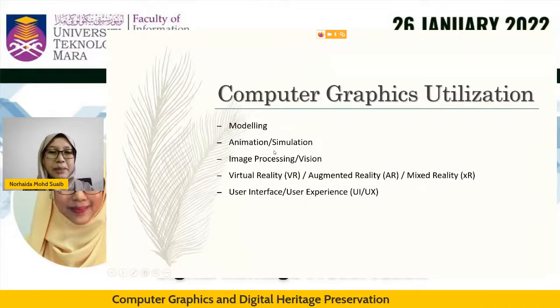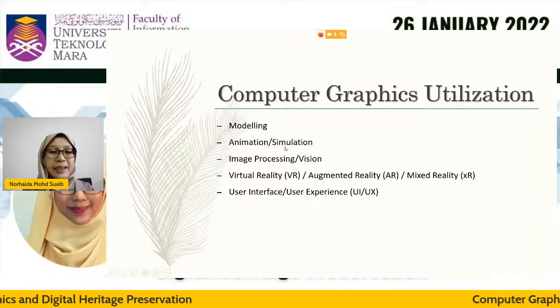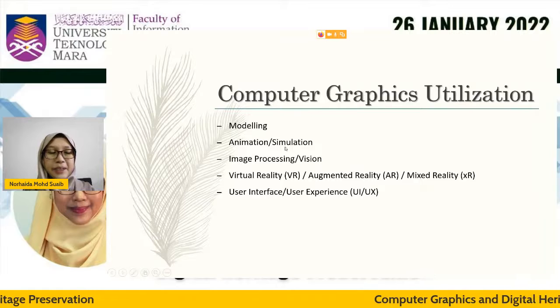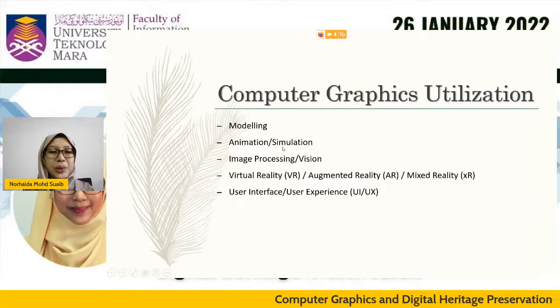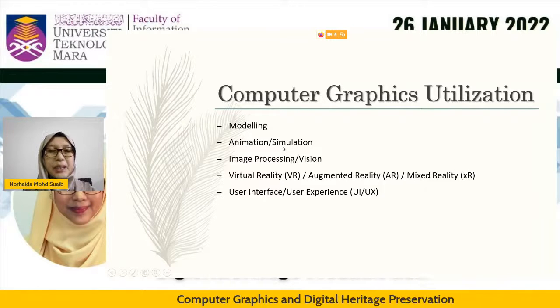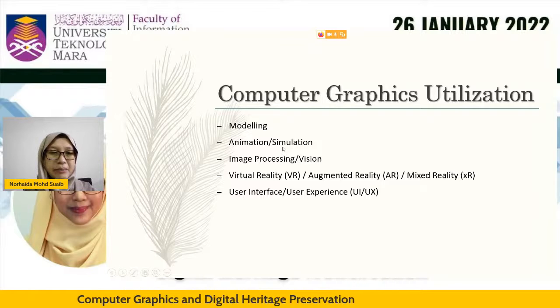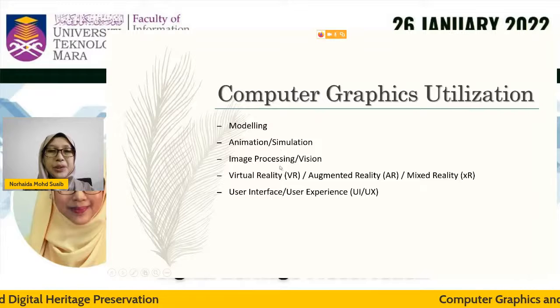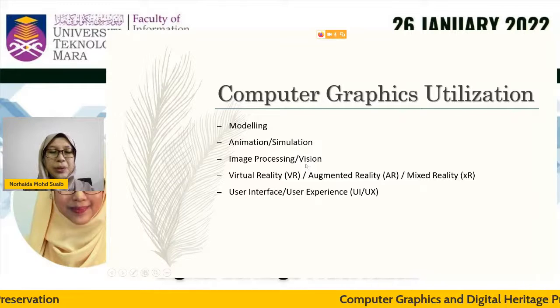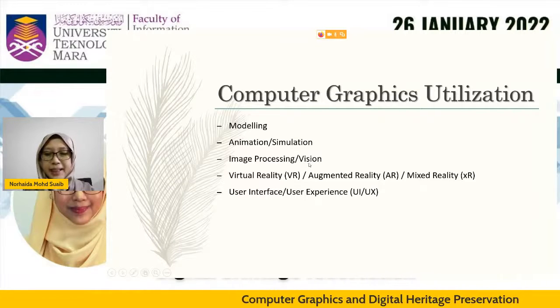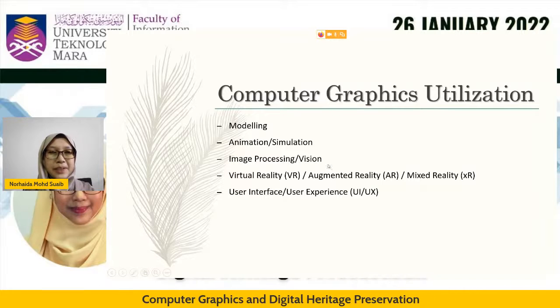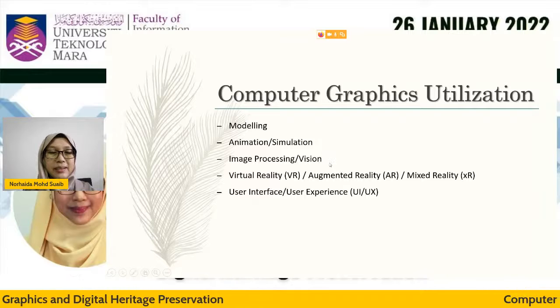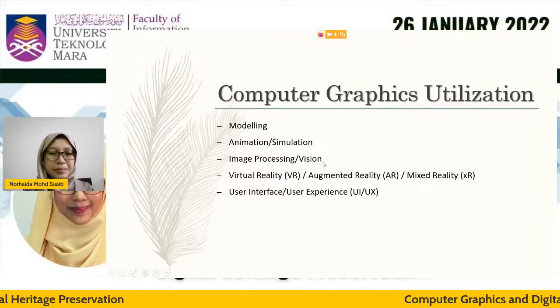And then you can do animation and simulation, either time related to specific sites or to show the process of something related to the intangible cultural heritage. And you also have image processing and computer vision to do different types of processing in order to preserve the heritage sites or something.